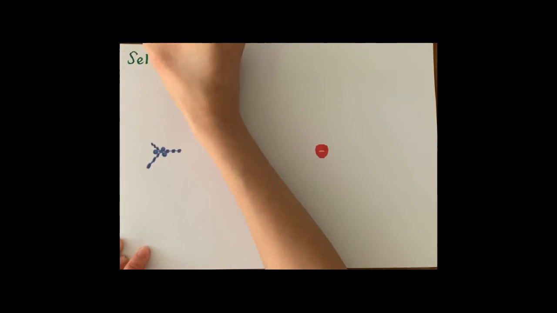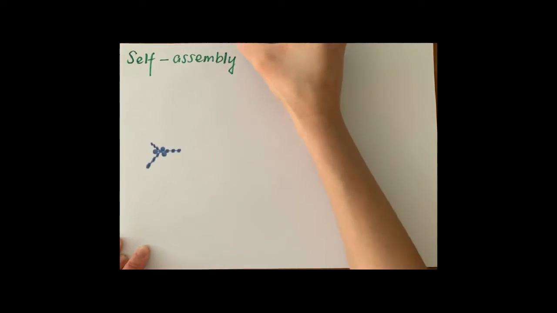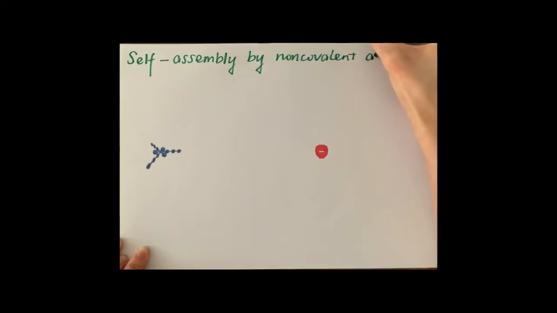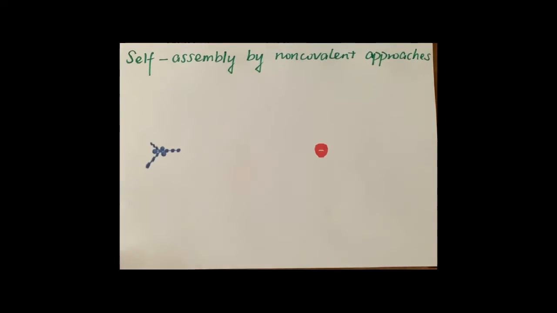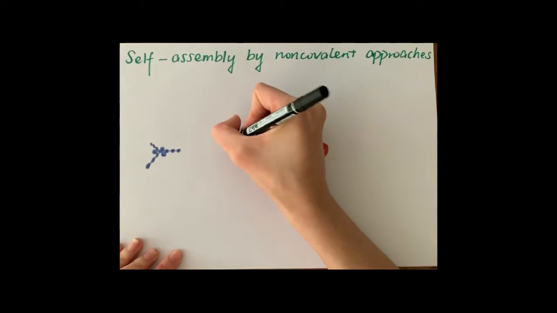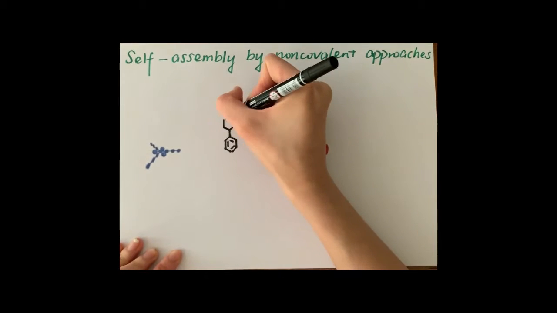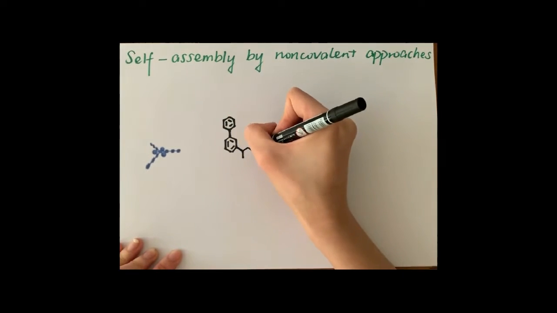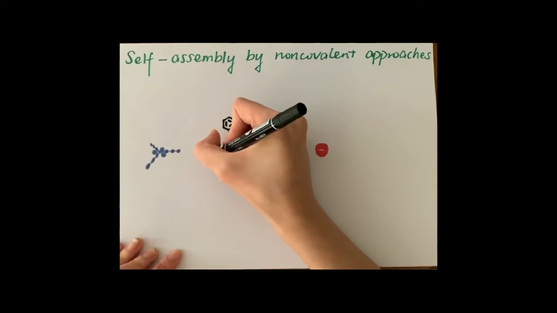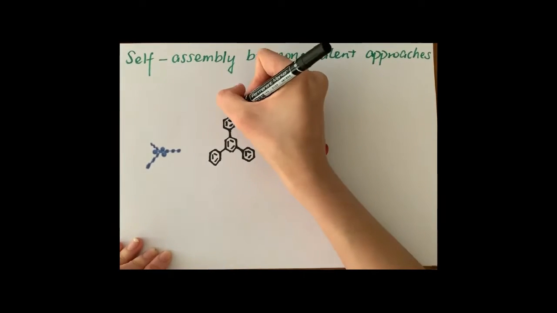Another example of flux-type synthesis is self-assembly by non-covalent supramolecular approaches. Let's look at an example of a single-layer 2D honeycomb supramolecular framework driven by pi-pi stacking interactions.